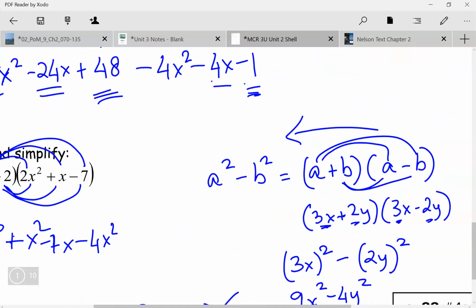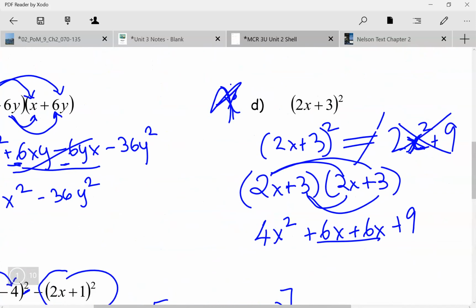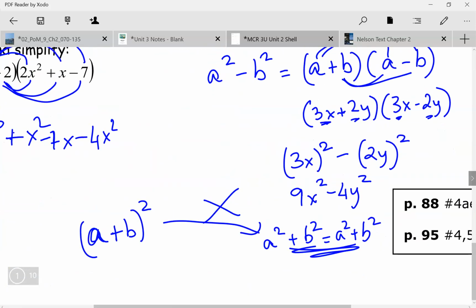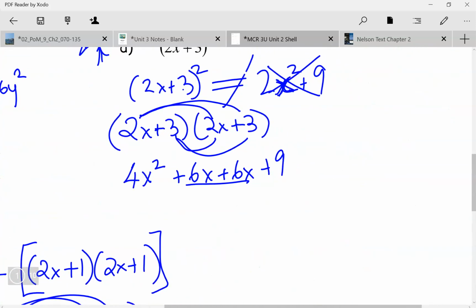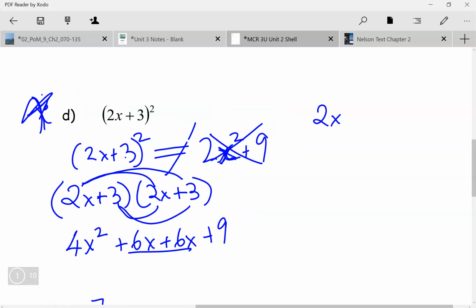Again, like we mentioned up over here, it's not equal to just this squared plus this squared. You have to do the FOIL, but in doing so, you will realize that this is a squared plus 2ab plus b squared. So that's the formula.